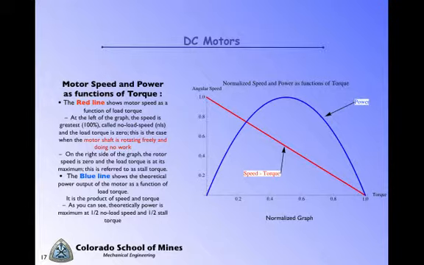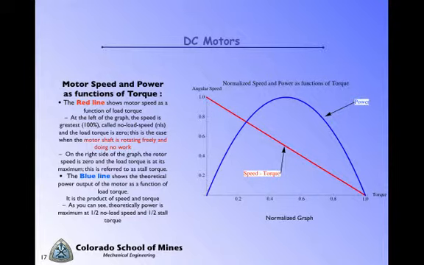So it's a second order relationship. And as noted there at the bottom, you will see that the peak power theoretically occurs right at 50% of no load speed and 50% of stall torque. So that relationship is symmetrical.